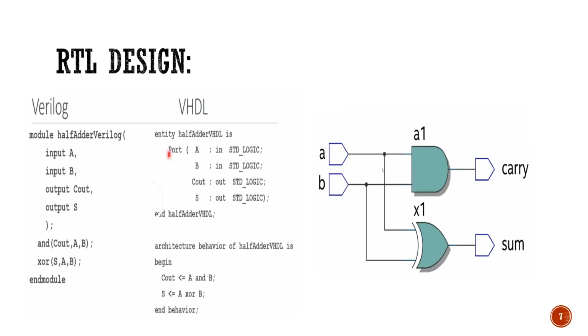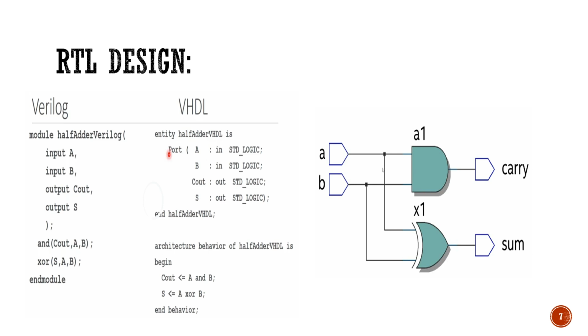So the next step that is involved is RTL design. After finding out the design specification that is needed and after constructing the block diagram, you need to write a hardware description language. That hardware description language can be in two different styles. Either it can be Verilog or it can be a VHDL design. What does RTL represent? It represents register transfer level. What does it mean?